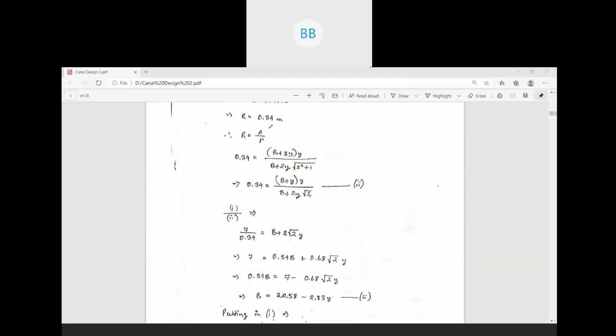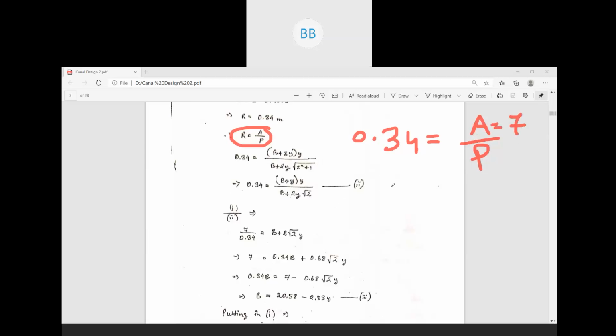So we all know r is nothing but A by P. So r is equal to 0.34, and that is equal to A by P. Now you can do it like this, or you can directly find it out, because the area value we have already calculated, 7 meter square.